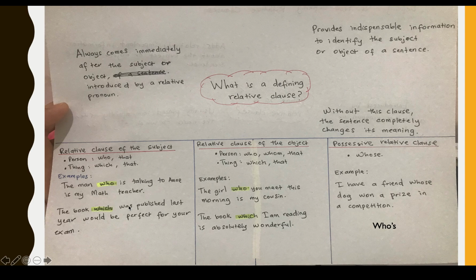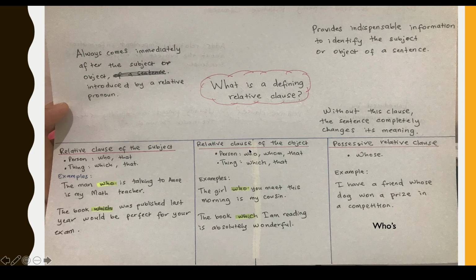The same goes for example number 2, the book which was published last year. If we don't put the clause which was published last year here, we don't know which book we refer to. So that is what we call a defining relative clause.